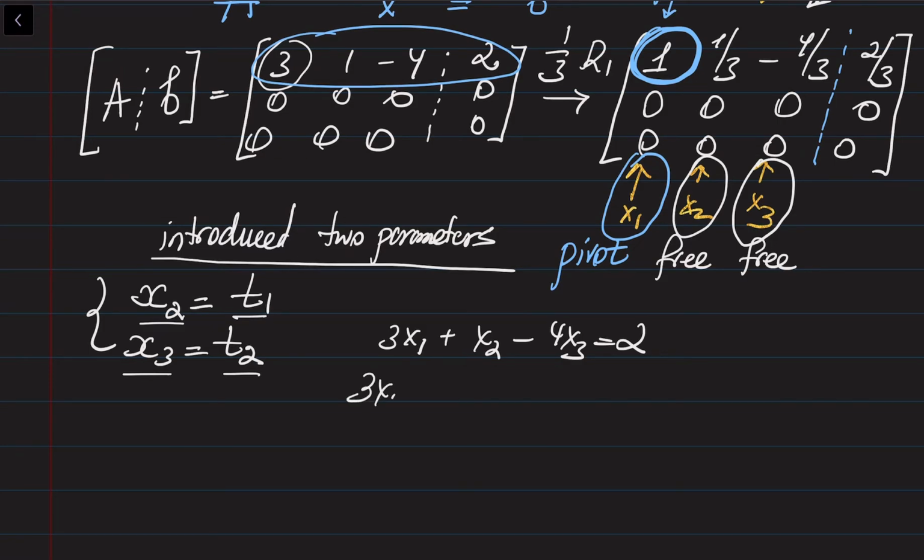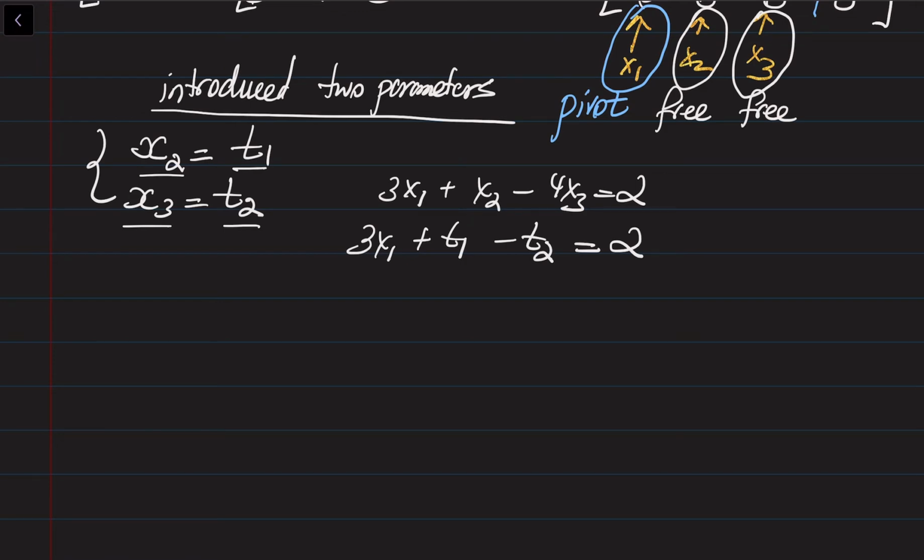It's going to be 3x1 plus t1 minus t2 equals 2. Cool. Now I would like to separate all of these terms. Essentially, I would like to find x1 from here first of all. It is going to be equal to 2 over 3 minus t1 over 3 plus t2 over 3.